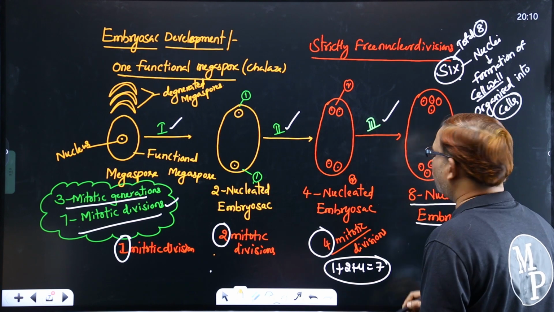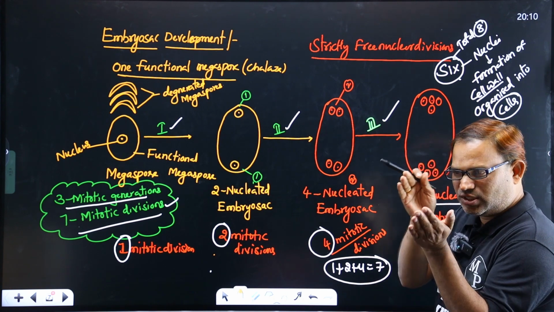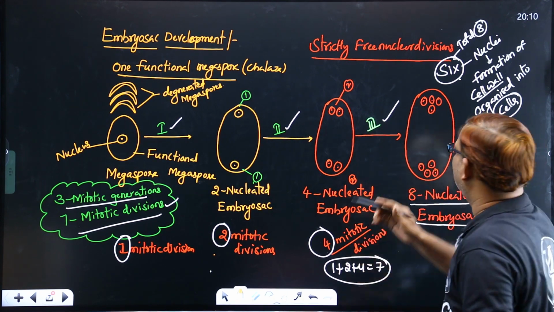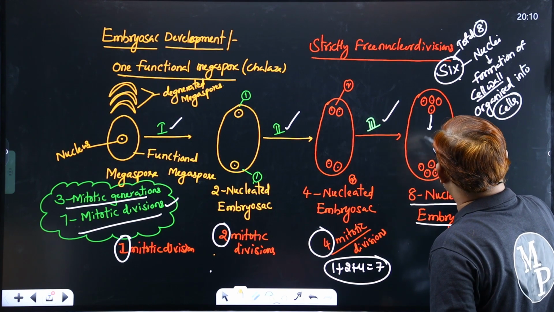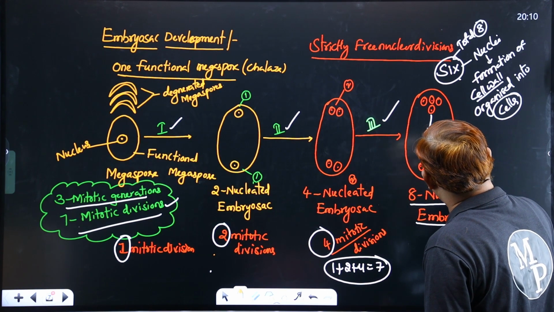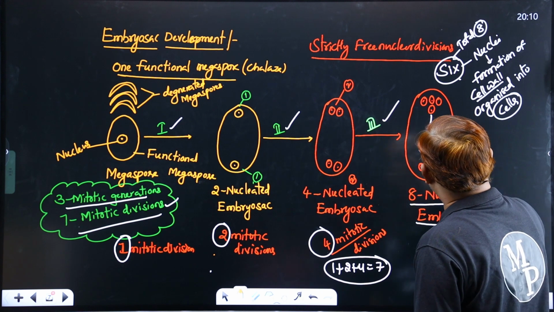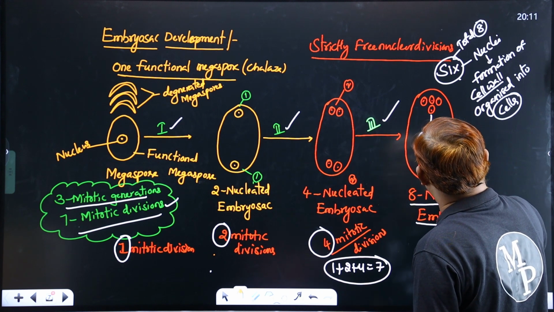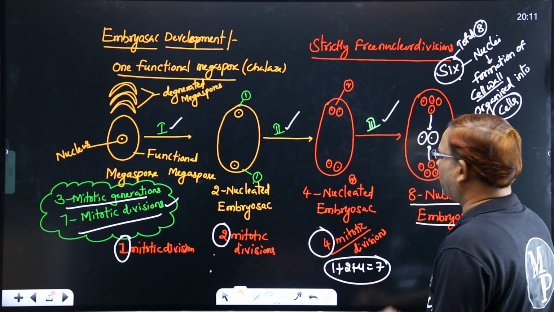Now these 2 nuclei migrate to the center. They are called polar nuclei.